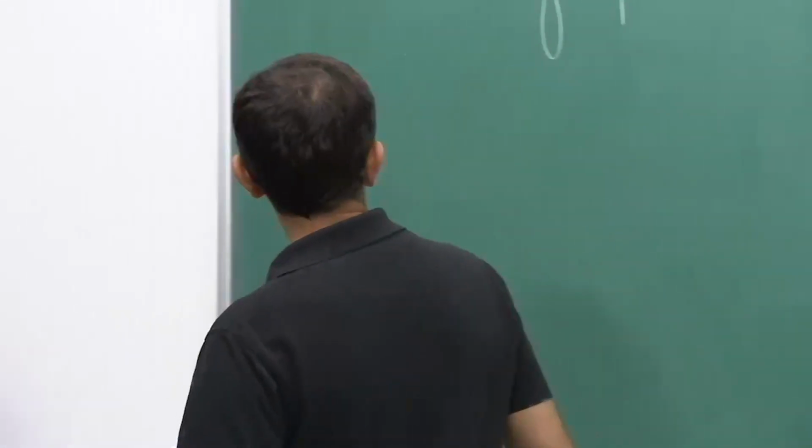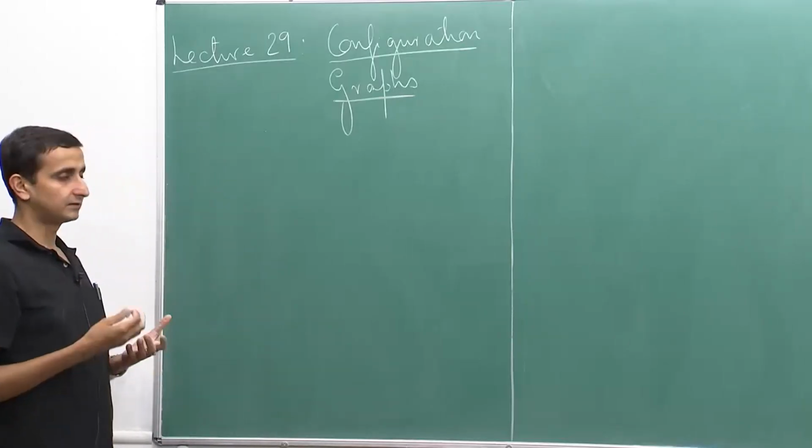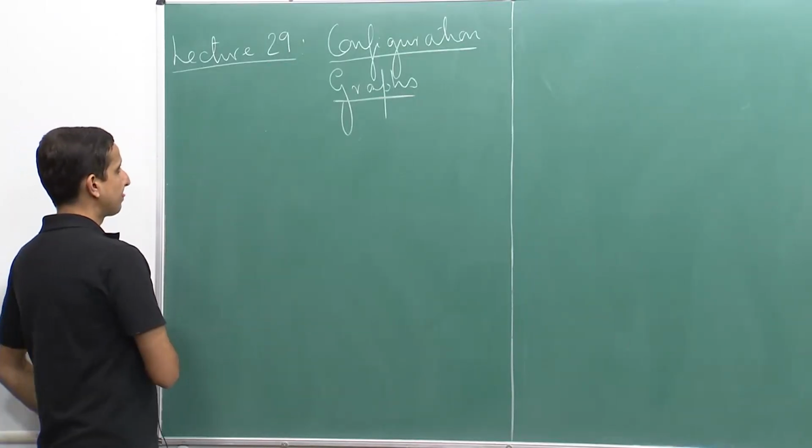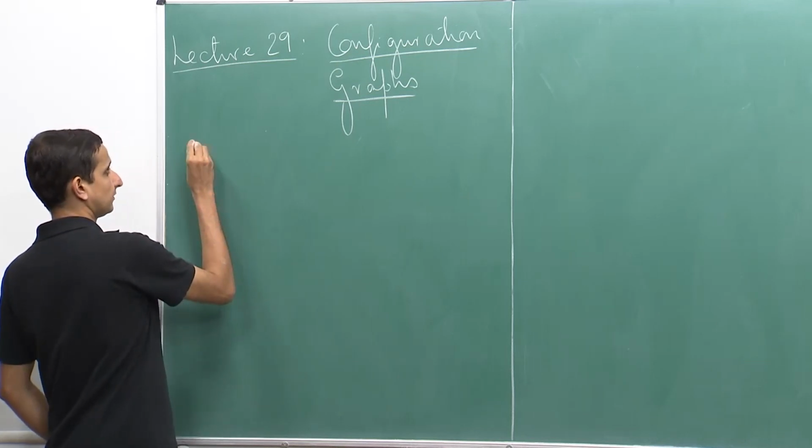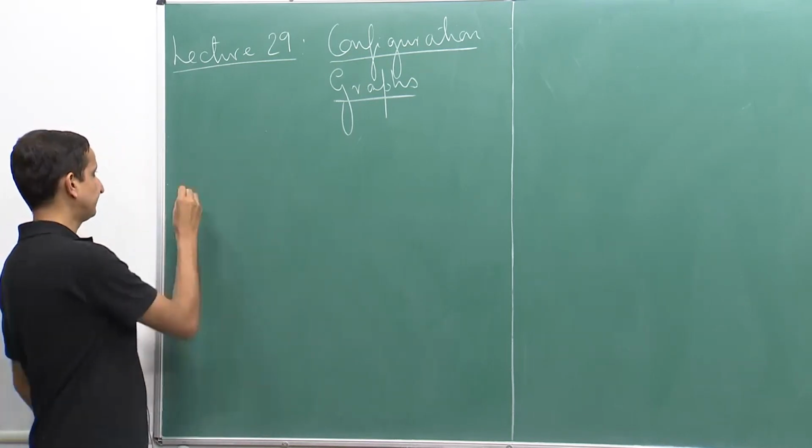So, first let us formally define a configuration. We know what a configuration of a Turing machine is. We have seen that.